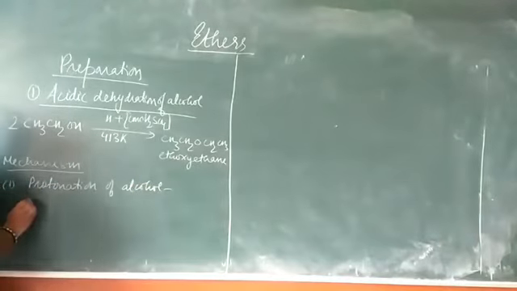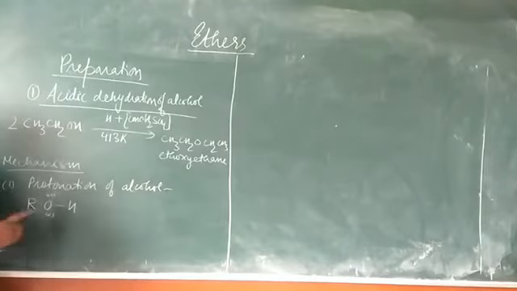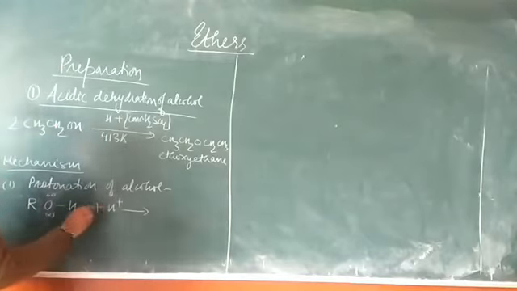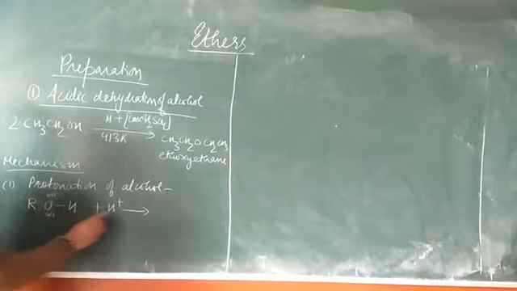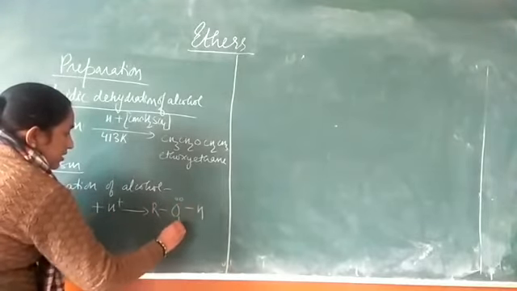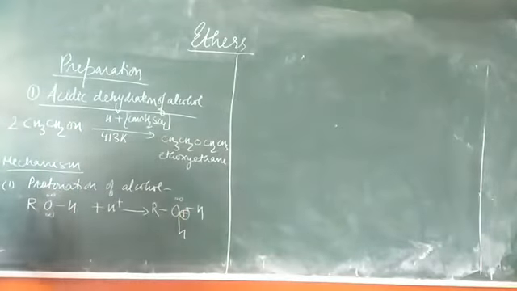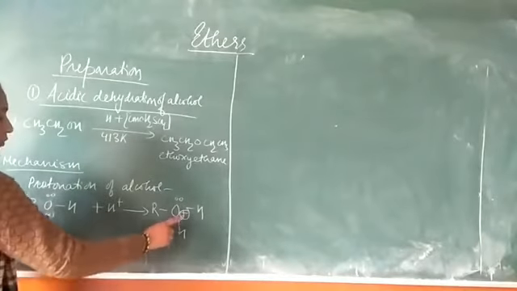If we take it to be ROH, protonation will take place. H plus will get added here, because this is the electron rich site. So it is RO, with H, H, and we get it in this way. That means we get an alkyl oxonium ion.